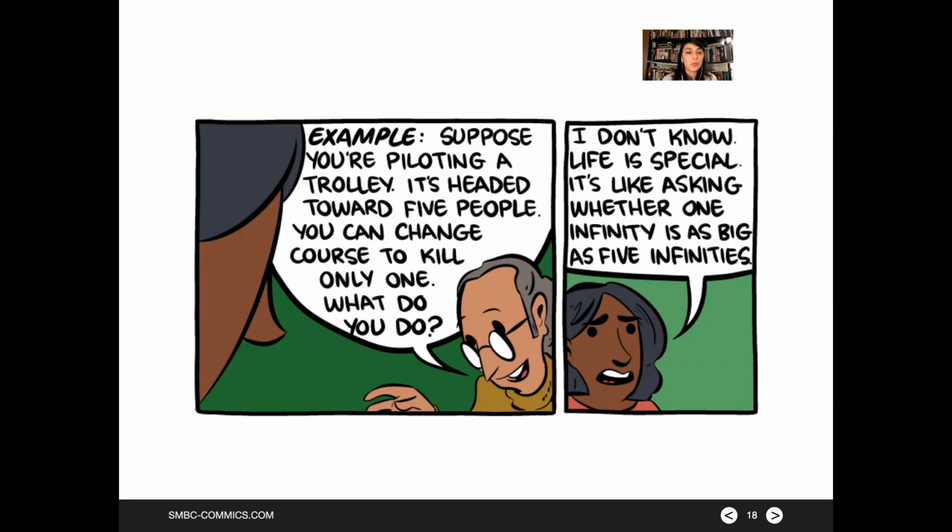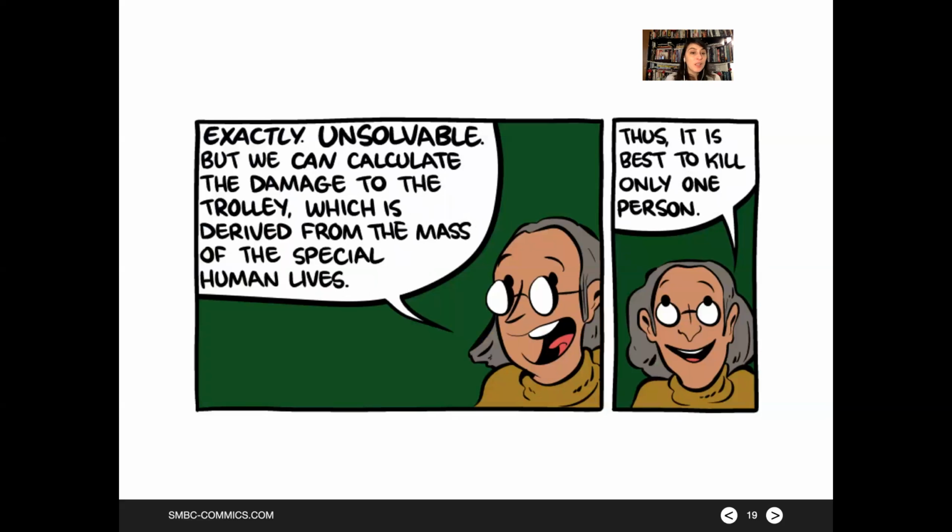You can change course to kill 1, or you can leave it on its course and it will kill 5, the famous trolley problem. And of course, the argument here is, I don't know, life is special. It's like asking whether 1 infinity is as big as 5 infinities. Like, who are we to choose between lives, right? So exactly, it's unsolvable, but we can calculate the damage to the trolley, which is derived from the mass of the special human lives. Thus, it is best to kill only 1 person.